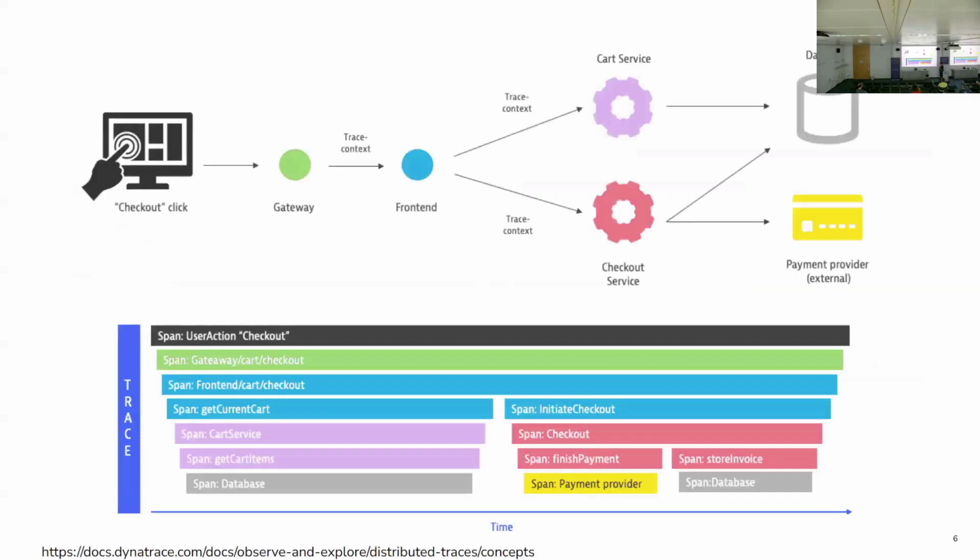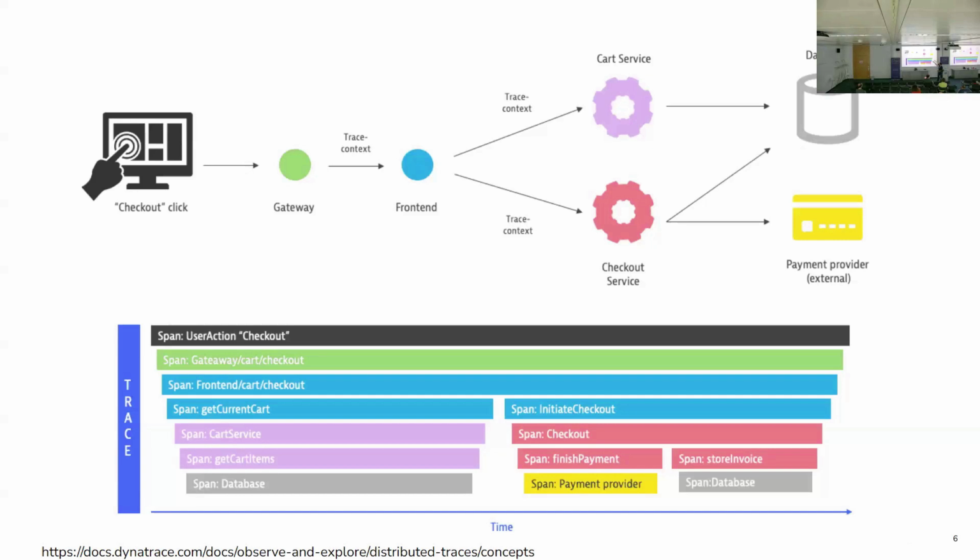I took this screen from one of the telemetry providers, Dynatrace, but I really like that slide. It's the checkout process. The user clicks checkout, the request goes to the gateway. The colors we see on the schema are also tracked in our trace: the user, the black one, clicks checkout, then the request reaches the gateway, the green one.